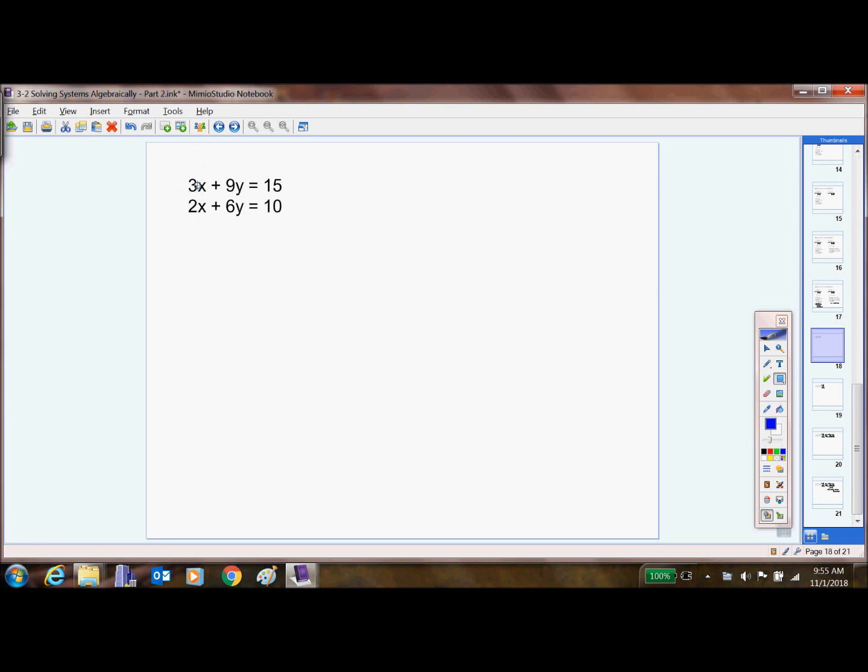If we eliminate the x's, we would multiply by 2 and -3. If we wanted to eliminate the y's, you could do 2 and -3, or if you didn't manage to see that one, you could multiply this one by 6 and this one by -9. So you could do either one.